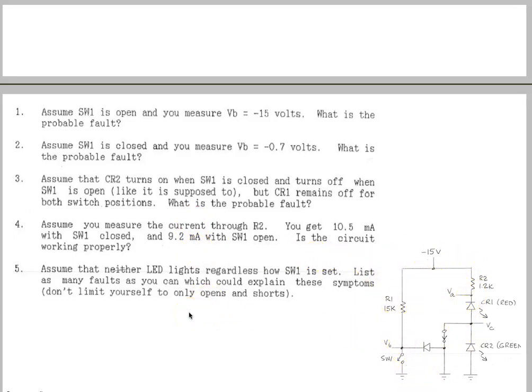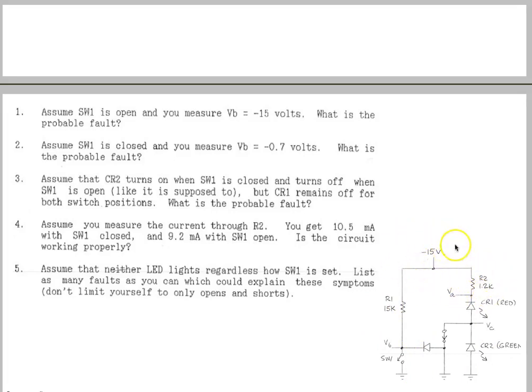Question 5: assume that neither LED lights, regardless of how switch 1 is set. List as many faults as you can which could explain these symptoms. Here are the likely possibilities. Maybe CR1 is backwards, CR1 failed open, R1 resistance is too large or open, R2 is also large or maybe open.